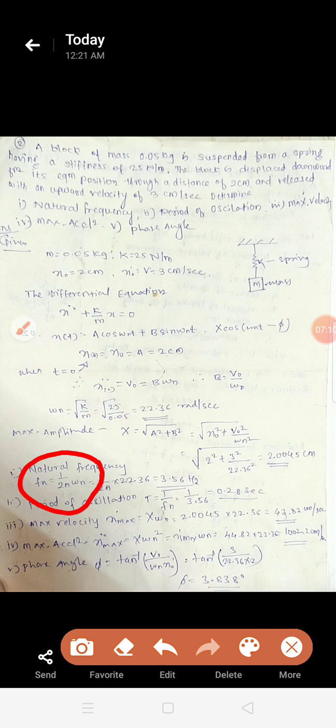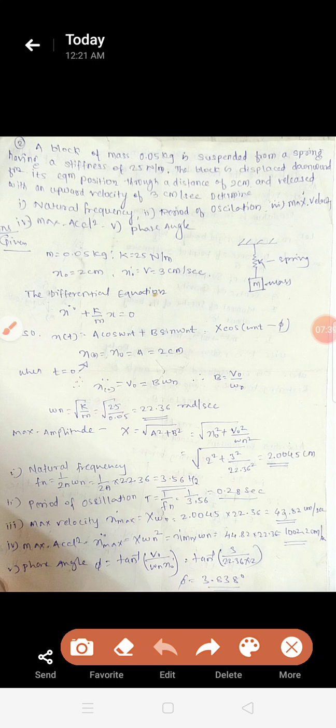Now first we calculate the natural frequency, that is fn is equal to omega n divided by 2 pi. So 1 divided by 2 pi into the omega n value, 22.36 radian per second, and the answer is 3.56 hertz. Next, the period of oscillation, the time period T is equal to 1 divided by fn.